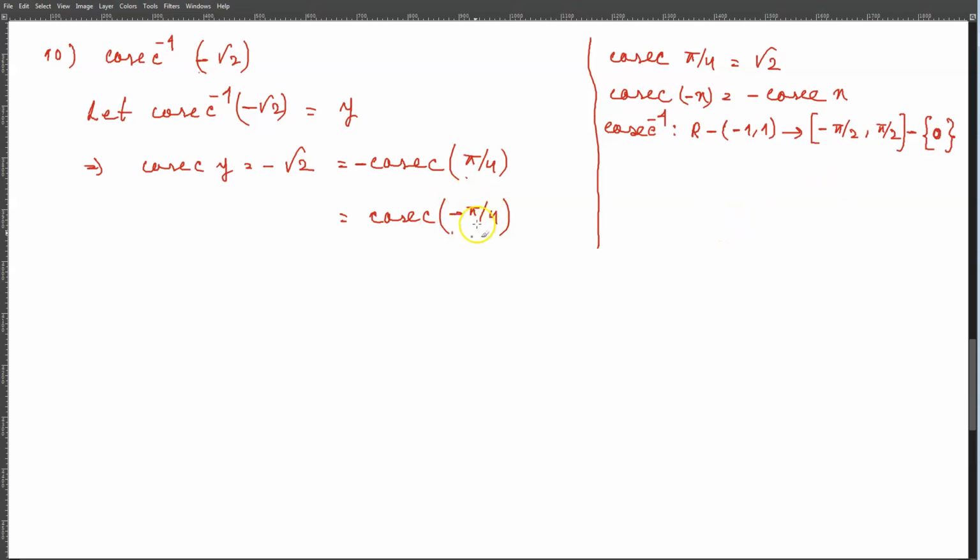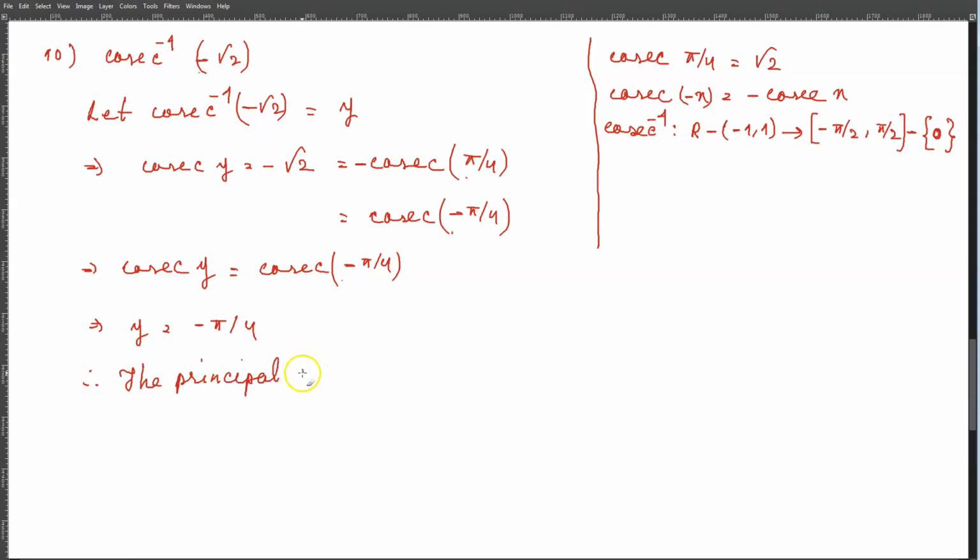Negative pi by 4 is in this range, so you can use it. And so the cosecant of y is equal to the cosecant of negative pi by 4, which means that y is equal to negative pi by 4, and therefore the principal value of cosecant inverse of negative square root of 2 is equal to negative pi by 4.